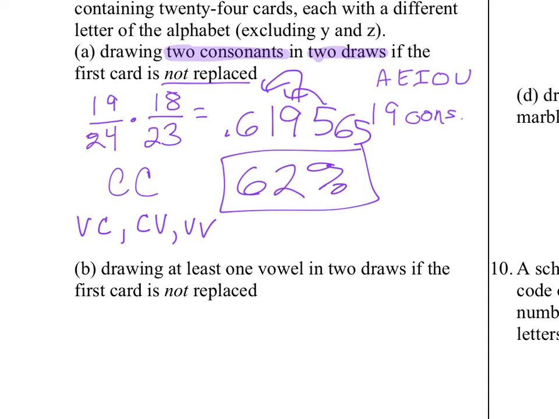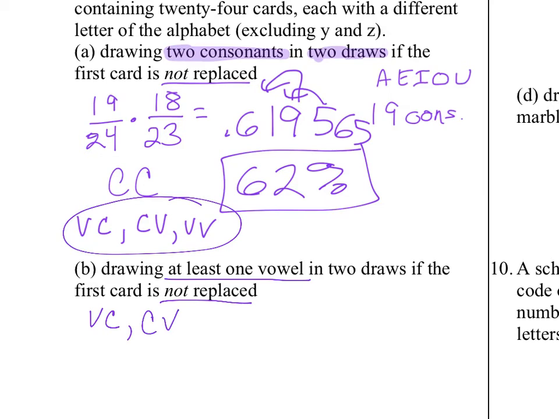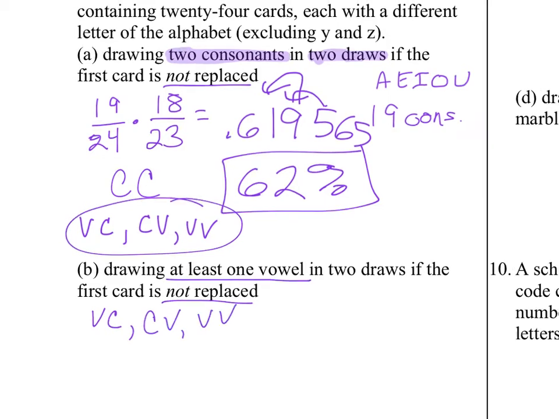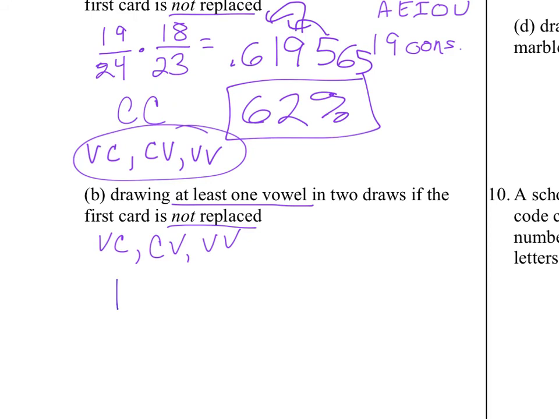So that's the same as the previous one. At least 1 vowel, well, that's going to be all 3 of these situations. It's going to be a vowel consonant, a consonant vowel. Those have 1. But since it says at least 1, it's okay if I have 2. So really, it's just a complement situation.